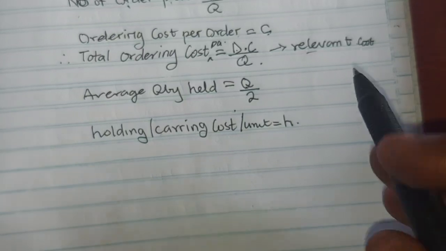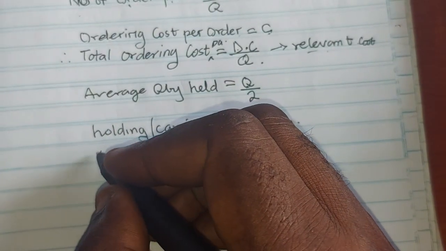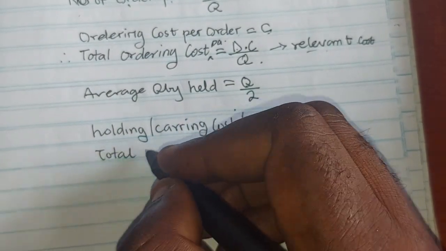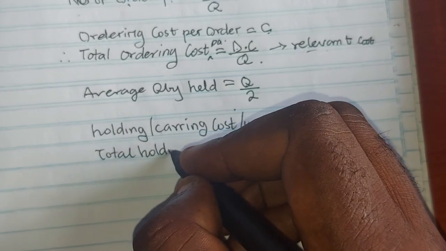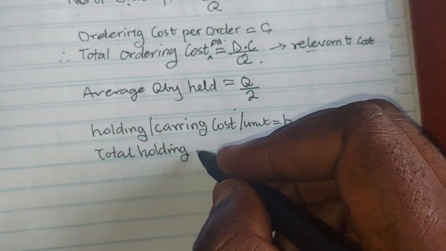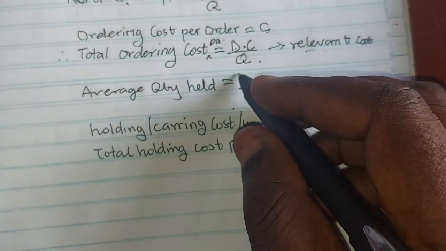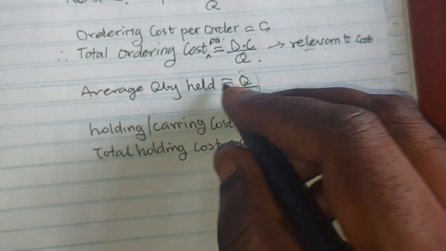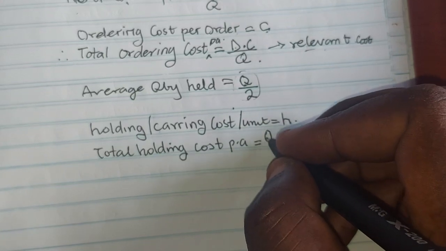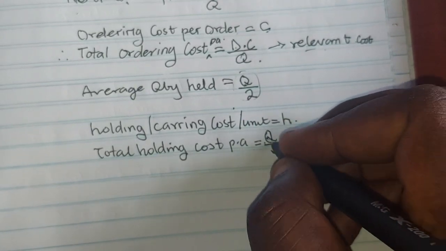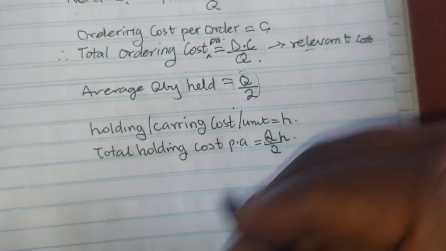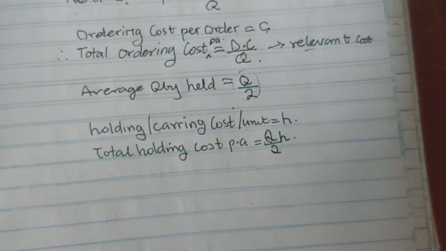So another component of relevant cost is the total holding cost. Total holding or carrying costs per annum is the average quantity held, Q over 2, multiplied by H. All right.